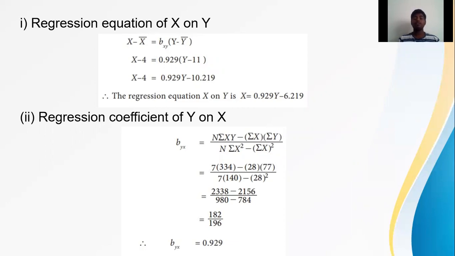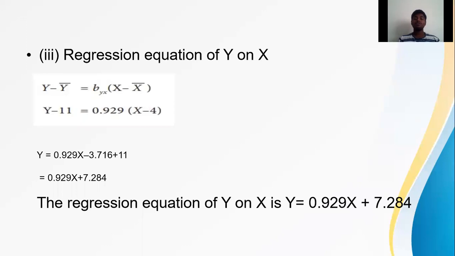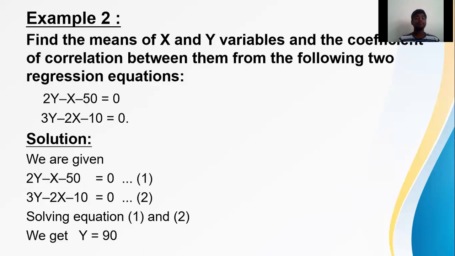Here the formula of byx is equal to n into sigma xy minus sigma x into sigma y by n into sigma x square minus sigma x whole square, and the value of byx is equal to 0.929. And the regression equation of y on x is y minus y bar is equal to byx into x minus x bar. Here we can see the regression equation of y on x is y equal to 0.929x plus 7.284.